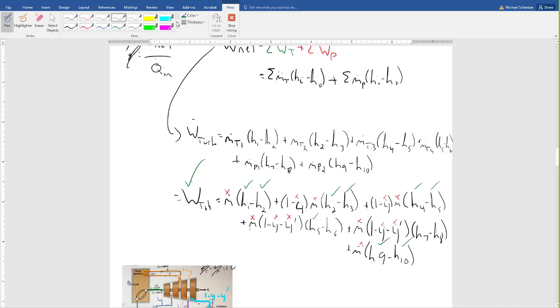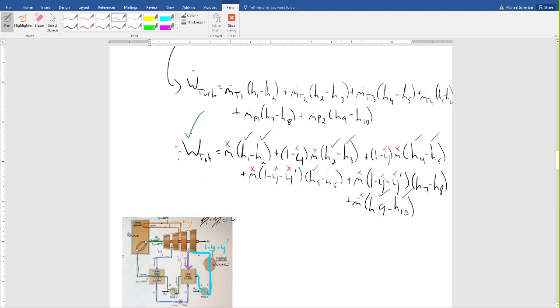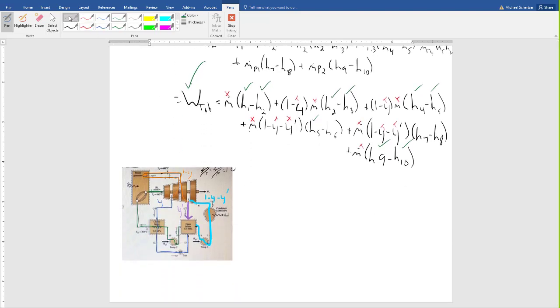Let's see what's going on with our denominator here, which would be Q dot in. So where are we adding heat? We add heat in over here the first time through the boiler and then the second time through the boiler. We know that this is going to be the sum of m dot times h out minus h in.